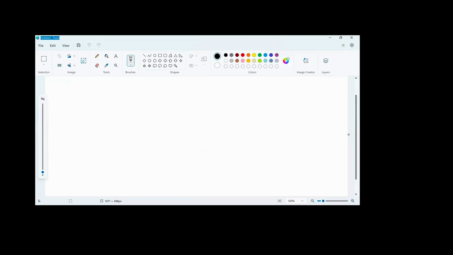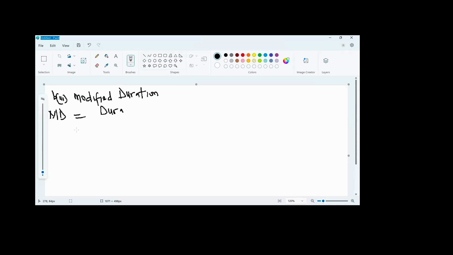Look at how to calculate modified duration. Modified duration, shortened MD. The formula is duration divided by 1 plus y.